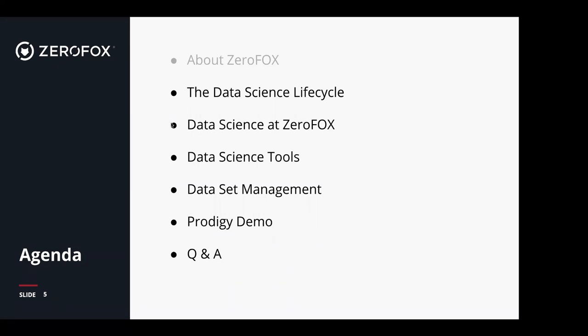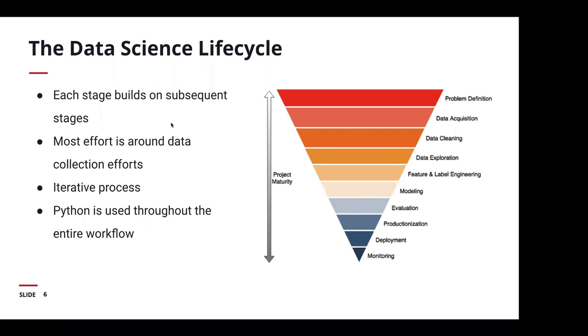So moving on to the data science lifecycle. This is the way I personally think about the data science lifecycle, and it's broken into these 10 distinct stages or steps. You start with defining your problem and then collecting data, as well as creating labels, building a model, and doing your evaluation.